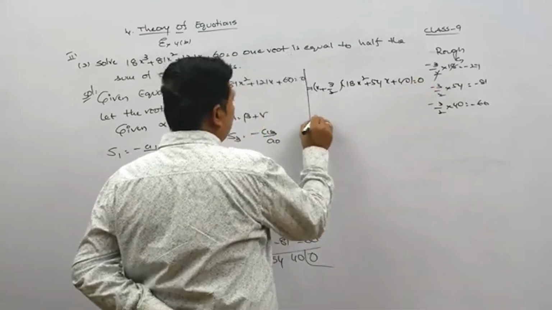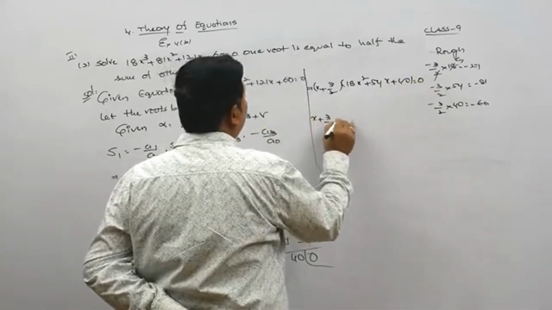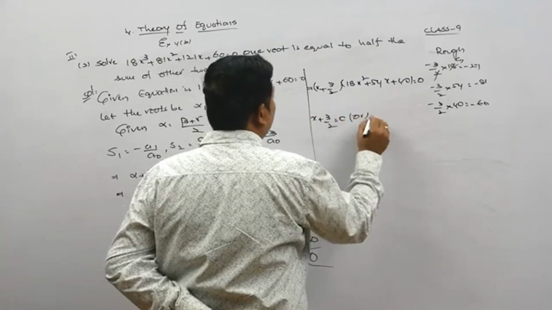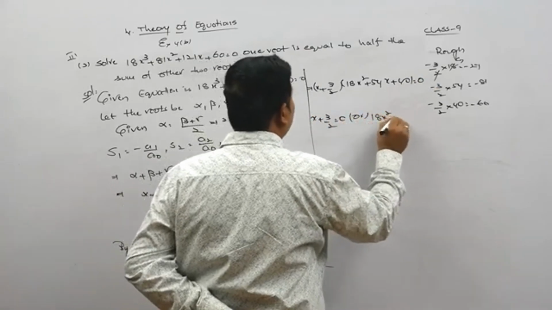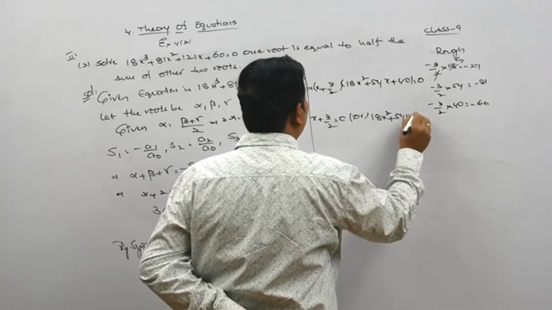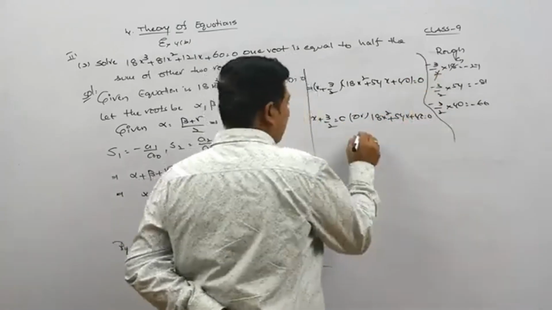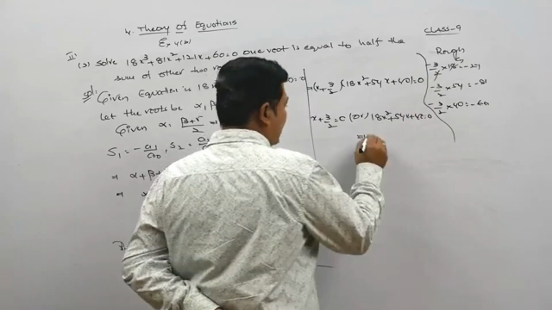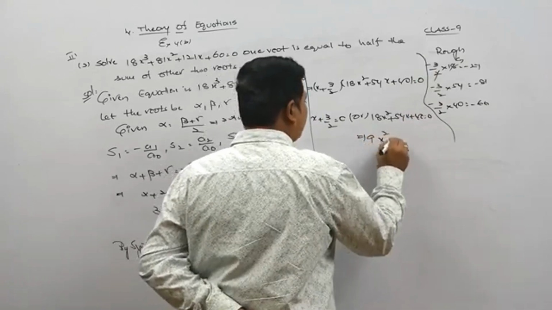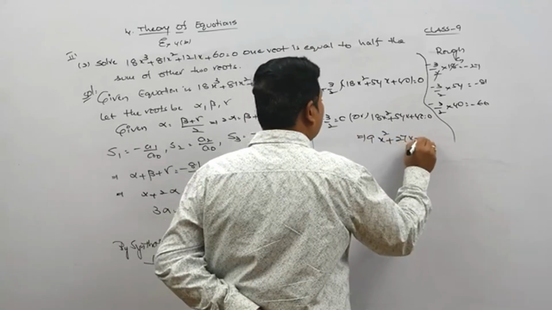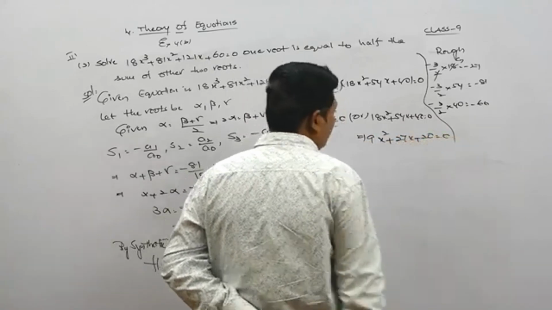Now x plus 3 by 2 is equal to 0 or 18x square plus 54x plus 40 is equal to 0. Now cancelling with 2, 9x square plus 27x plus 20 is equal to 0.